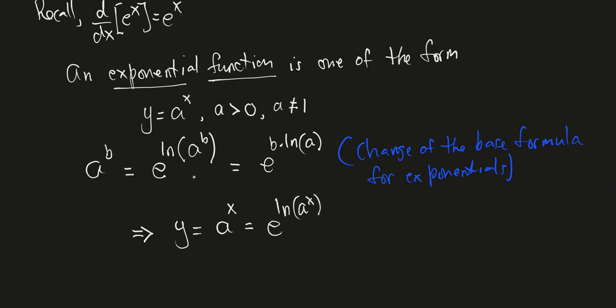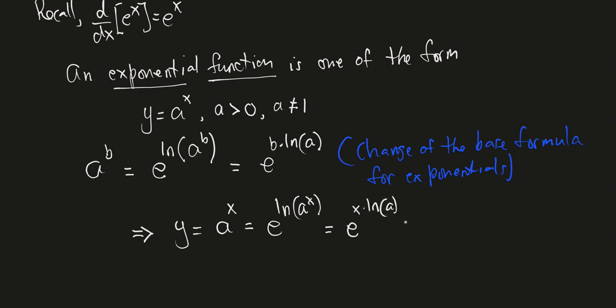That's this middle step. Then since the x is an exponent, that property allows me to take the x and put it as a multiple right here. It comes down and multiplies the ln. So we have e to the x times the natural log of a.